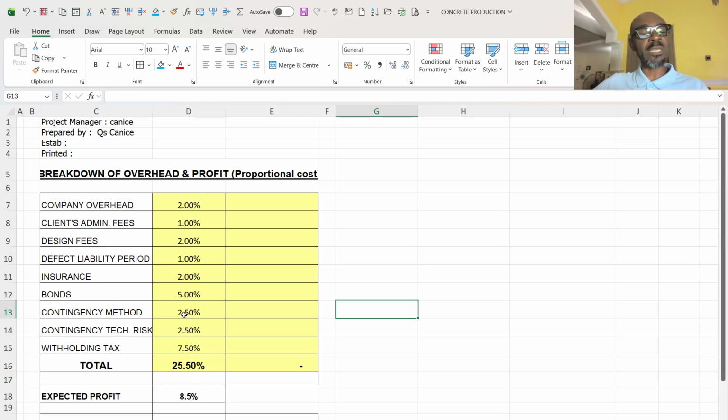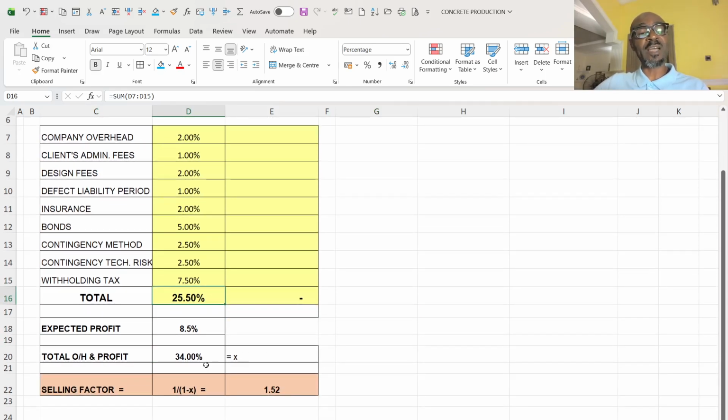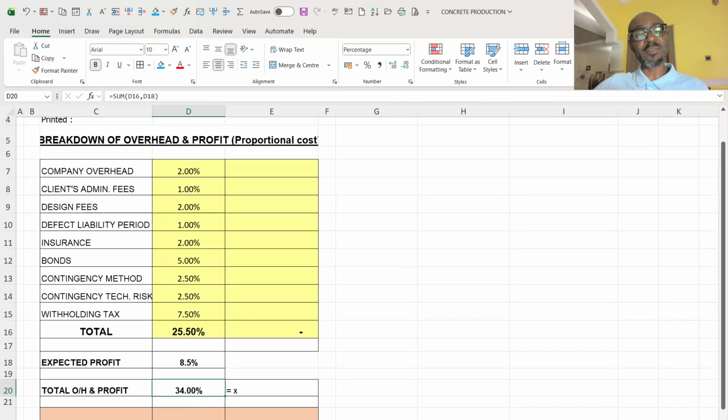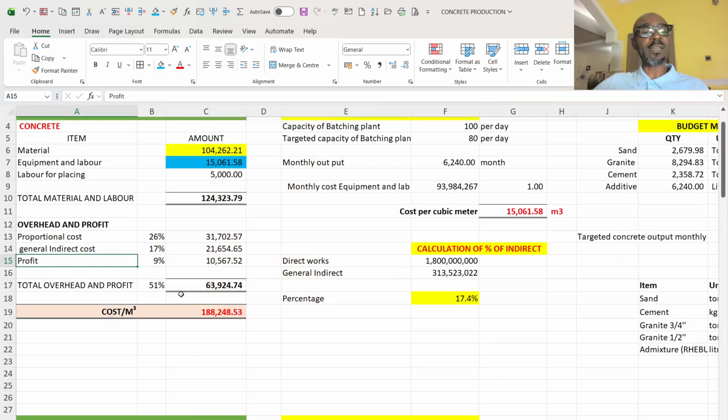Insurance, bond, contingency, technical risk, contingency method, then withholding tax, which now the overhead came to 25.5%. While my expected profit is 8.5. So the total of overhead and profit is 34%. And that is what you see here. If you sum the proportional cost and my profit, you are now going to have 34%, which you saw there.